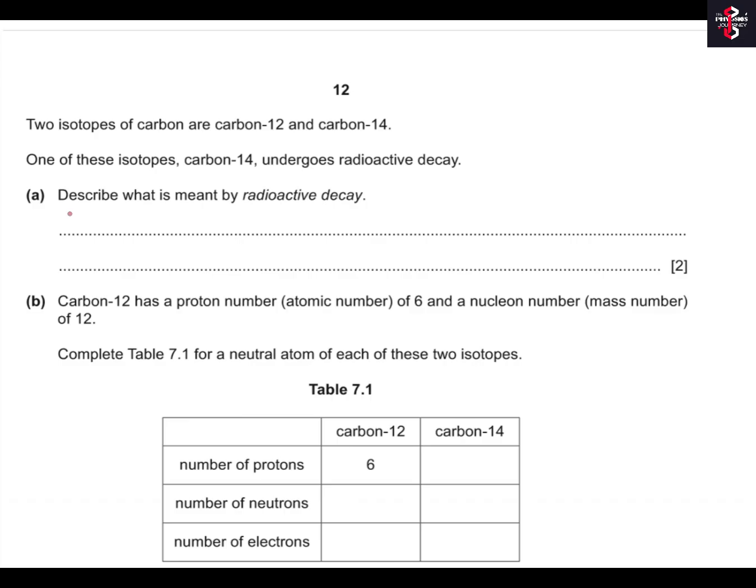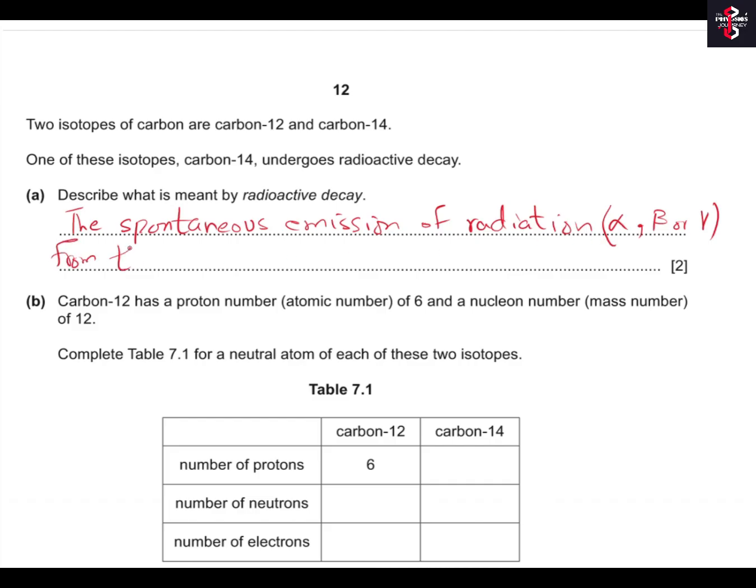So you can define radioactive decay as the spontaneous emission of radiation that can be alpha, beta, or gamma from the nucleus of a radioactive element is called radioactive decay.